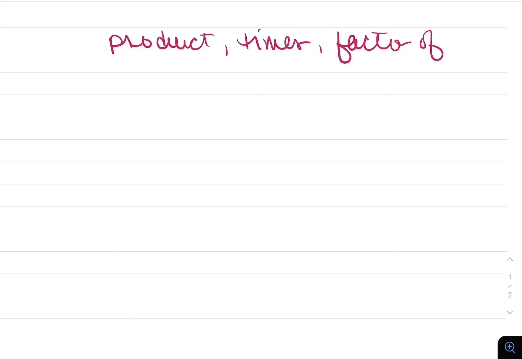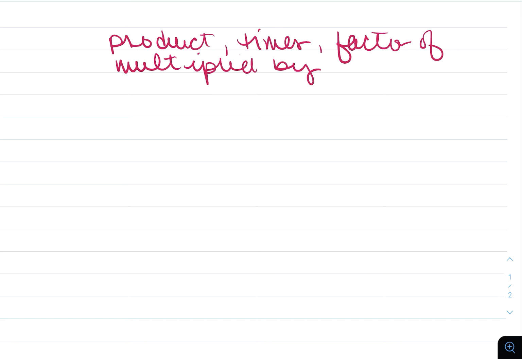And lots of times you'll see simply multiplied or multiplied by. So those are some key words that will let you know that you are going to multiply.